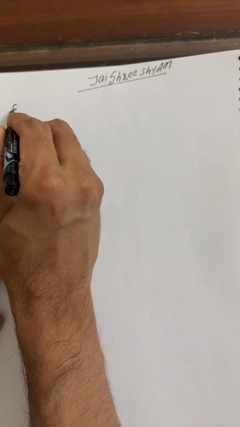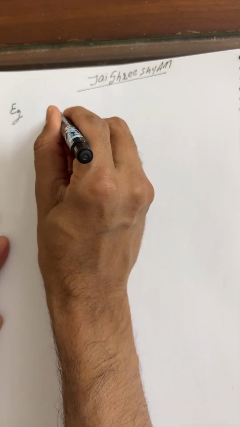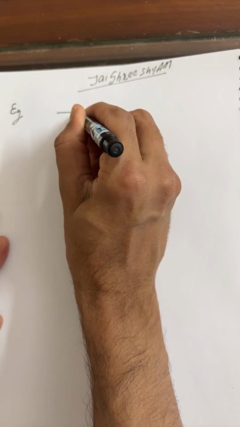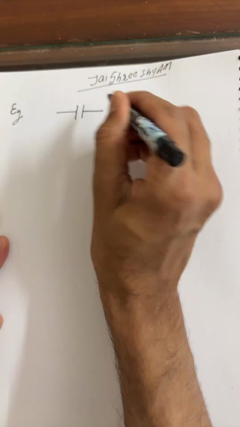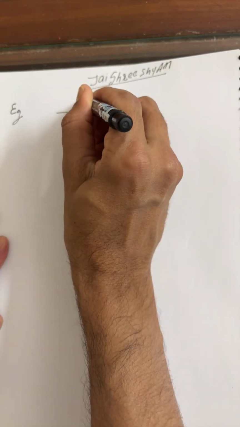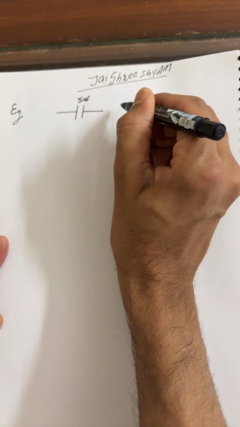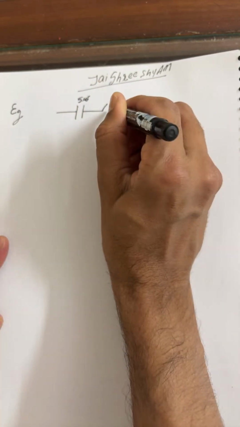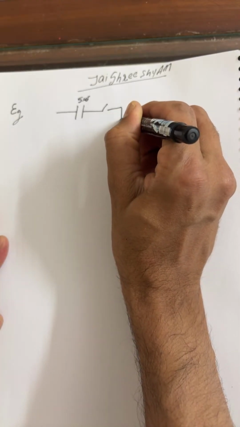Students, this is the circuit. There is a capacitor. You can take the capacitance as 5 microfarad. There is a switch. Initially, you can take the switch as open.